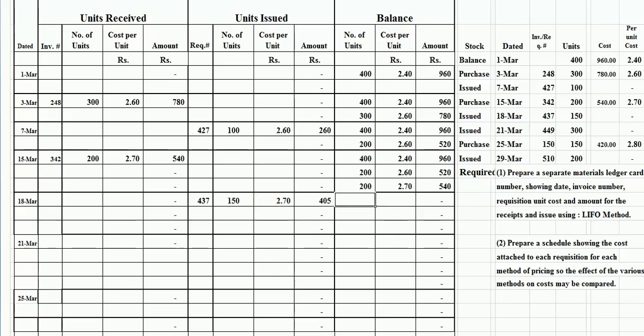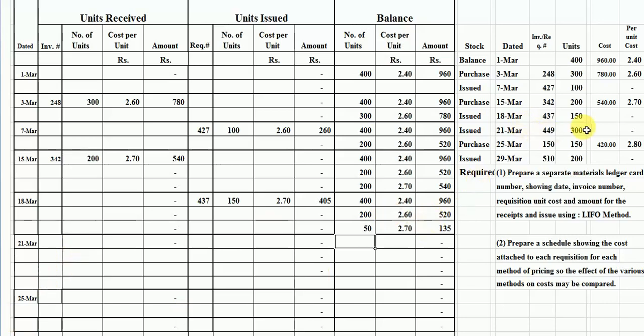Now we again record our inventory: 400 units at 2.40, again 200 units at 2.60. But the balance in the last purchase is only 50 units because we have taken 150 units from it. 50 units is the balance at 2.70 here. This is our current inventory. This is our inventory card which exists in our storeroom now.